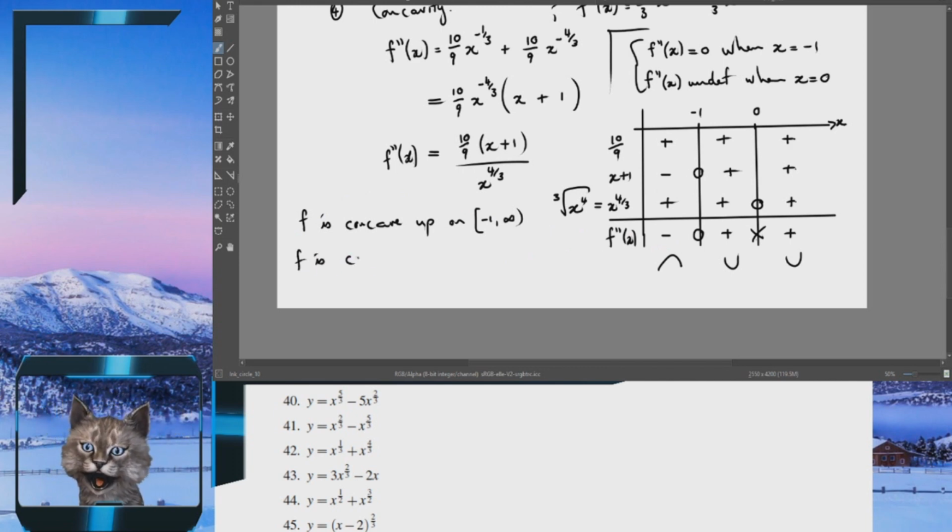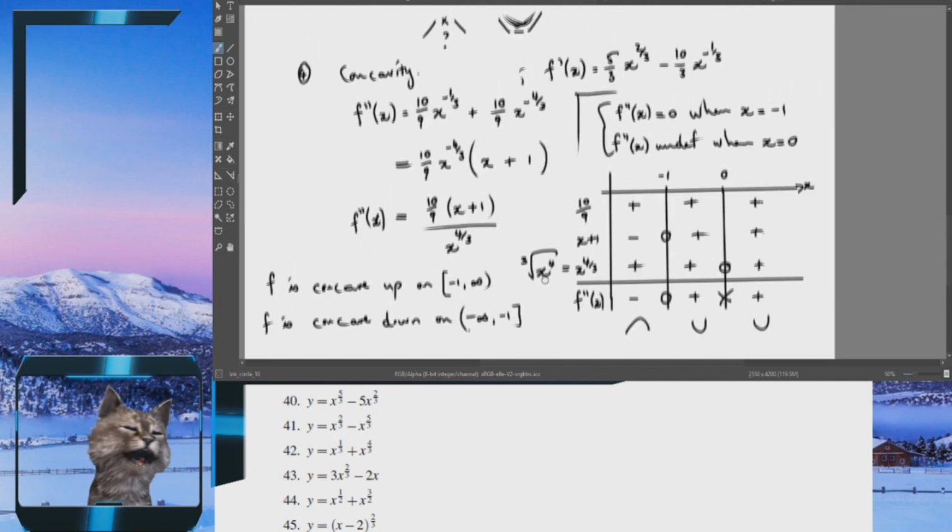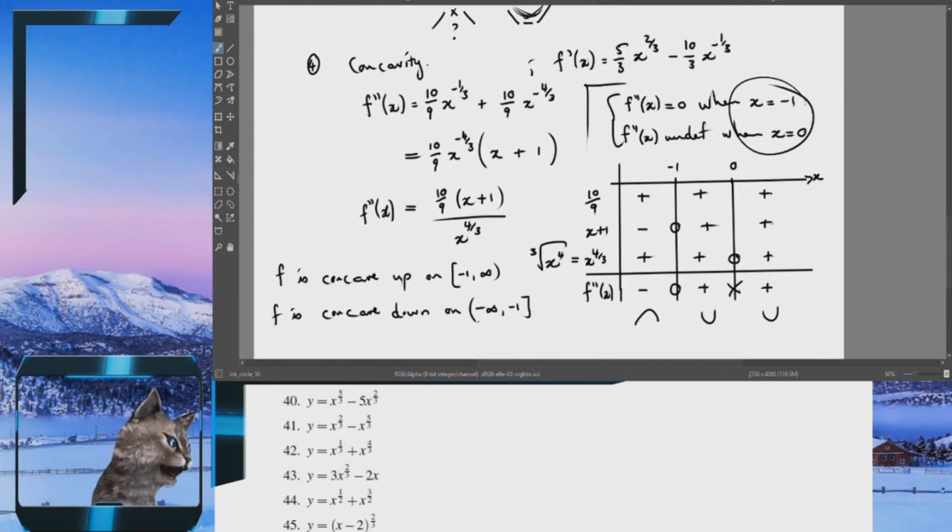F is concave down on -infinity to -1. Next question. Are these guys inflection points? Which one is an inflection point?